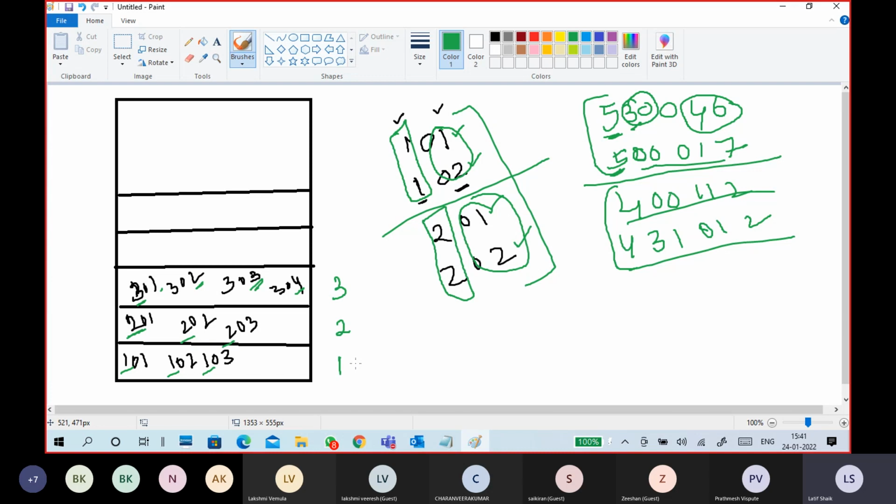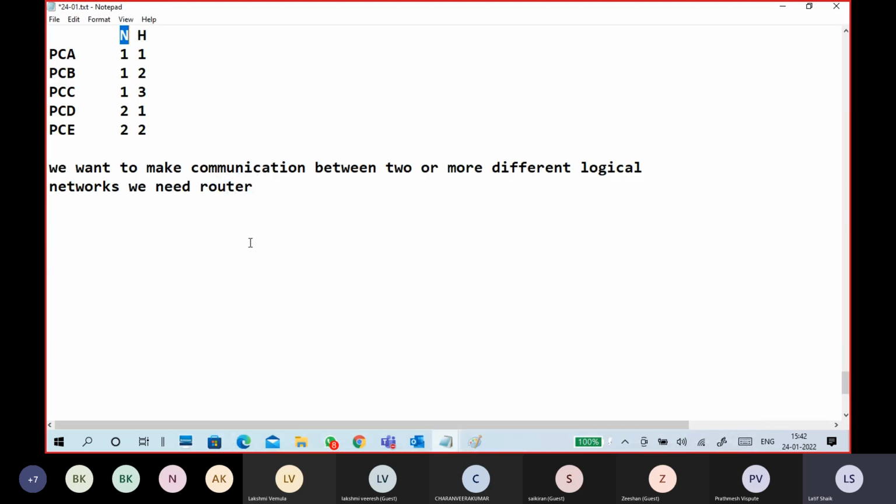The room number is actually the host, like a PC or a laptop ID. The same thing in our systems represents a computer, laptop or mobile phone. But it is an IP address, not room numbers. Our IP address does not look like 203, 204. It looks different.